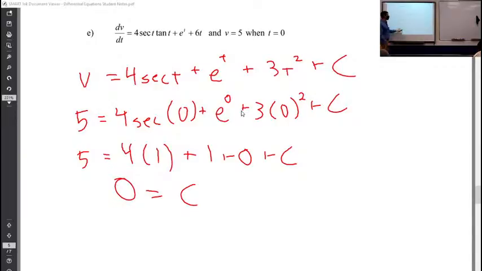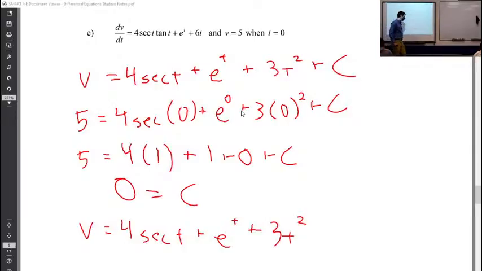So that means no constant. Final answer, V equals 4 secant of t plus e to the t plus 3t squared, no plus c. All right, questions on any of that?